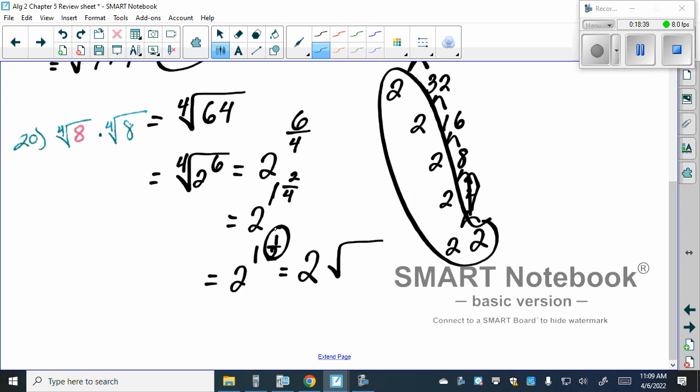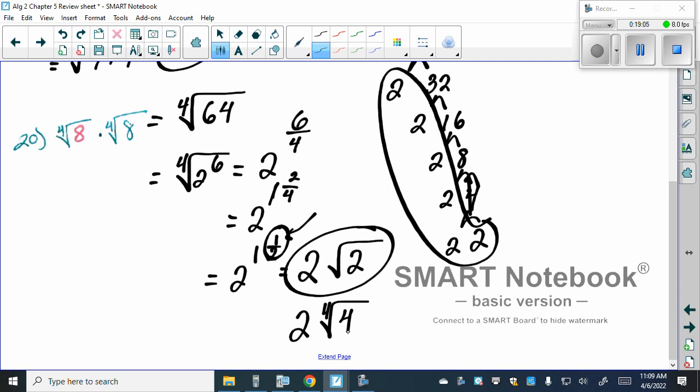And how many 2's are left inside? 1. This actually works out to be 2 times square root of 2, which is the same as saying 2 times the 4th root of 4. Because 2/4 is going to be the 4th root of 4.